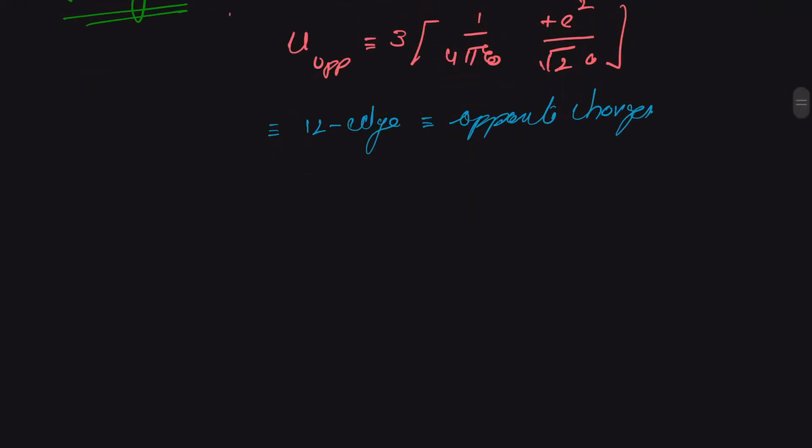Therefore we can write that U edge will be equal to 12 times 1 upon 4 pi epsilon naught, and this will be minus E square upon A.